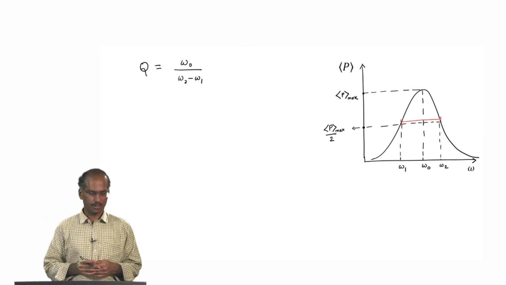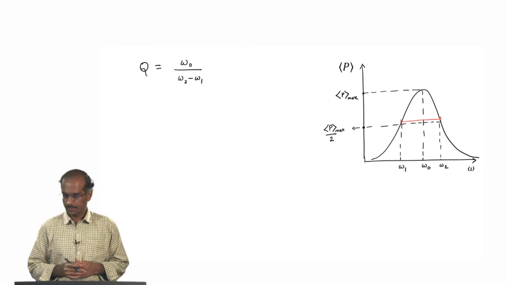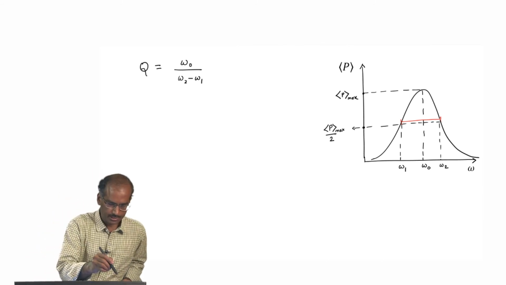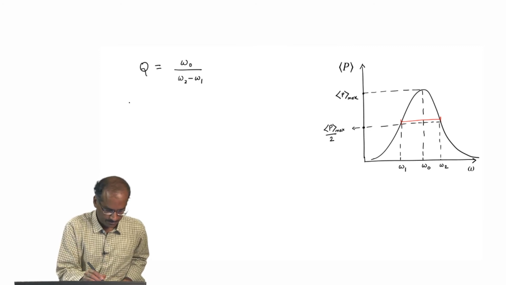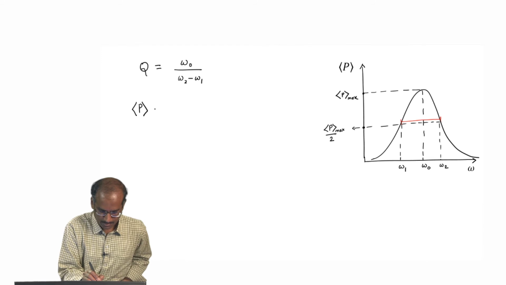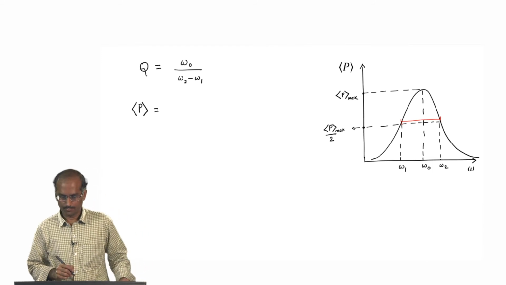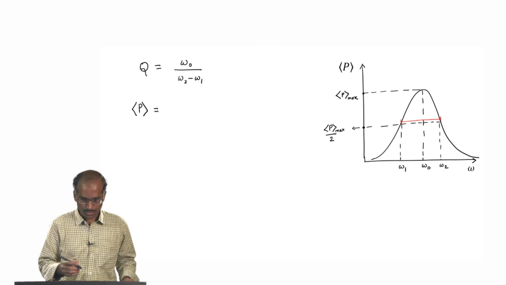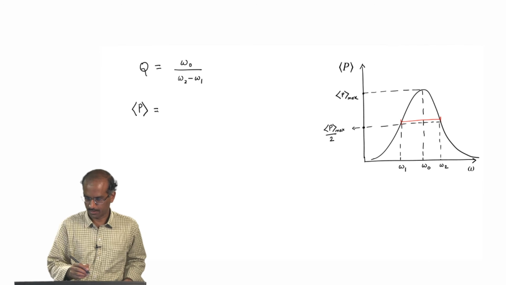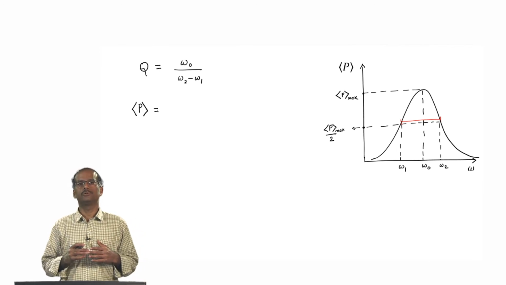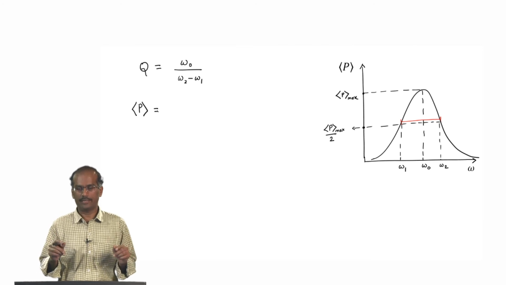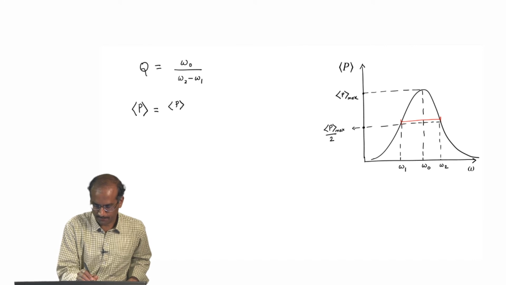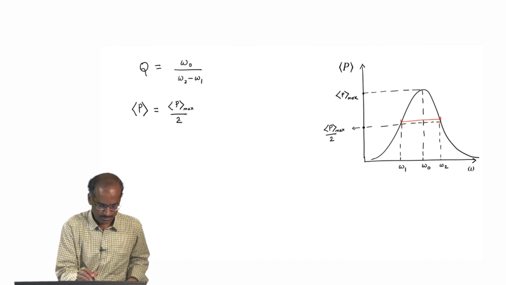Now, let us see how we get to this. Our starting point is the definition that Q value is defined in terms of these two, omega 1 and omega 2, which correspond to two values of frequency at the same value of average power, and the same value being average P max divided by 2.